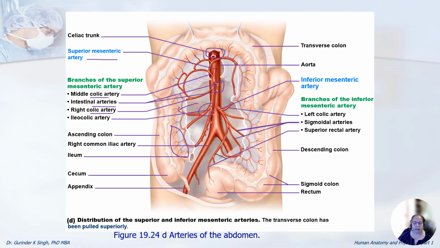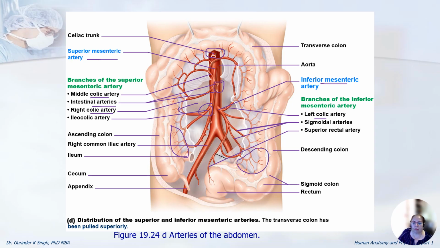On the left side, we see the inferior mesenteric artery coming out of the abdominal aorta, and it also branches quite a bit, and gives you the left colic artery, which anastomoses with the middle colic artery, and then also gives out sigmoidal arteries, which supply blood to the sigmoid colon.